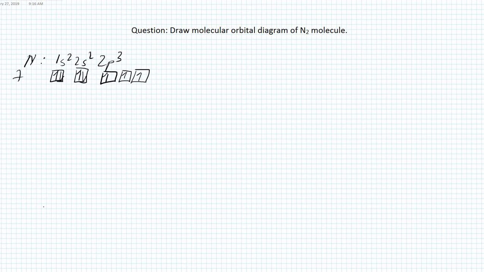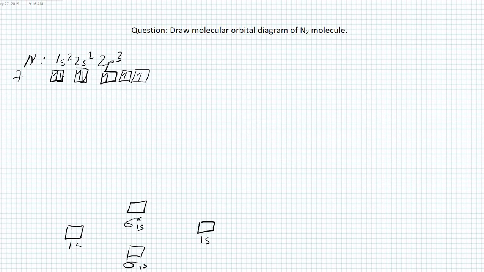Let's write here two columns for atomic orbitals. This is 1s orbital of one of the nitrogen atoms, and this is 1s orbital of the second nitrogen atom. If we combine them mathematically, we can form two types of molecular orbitals. One is anti-bonding, the other one is bonding, and bonding is shown as sigma 1s, and anti-bonding is sigma star 1s.